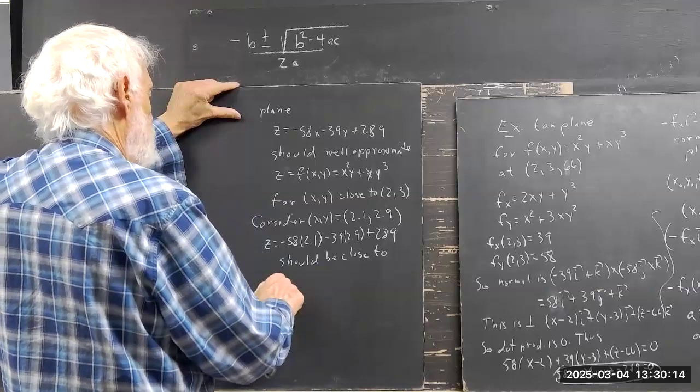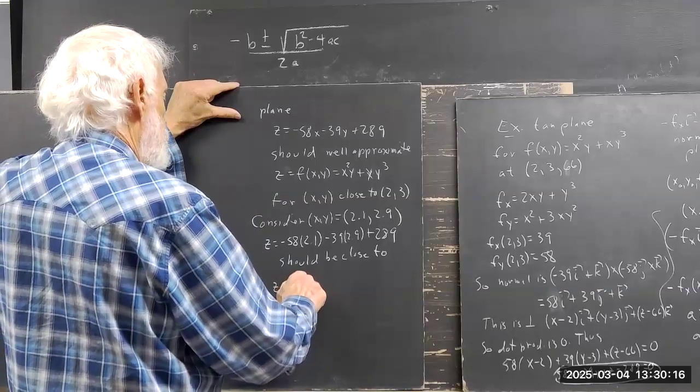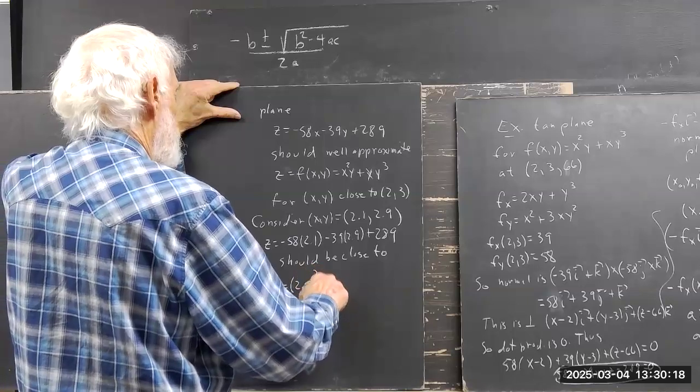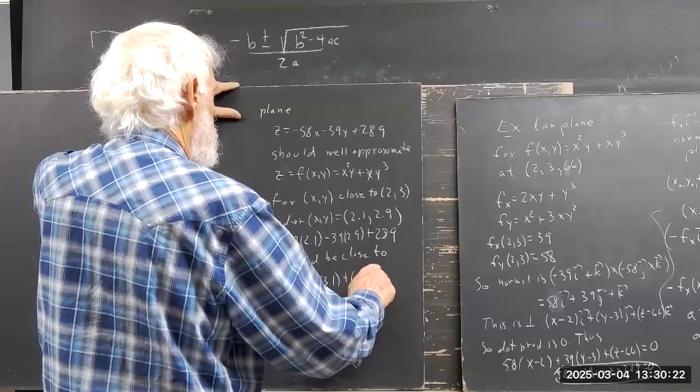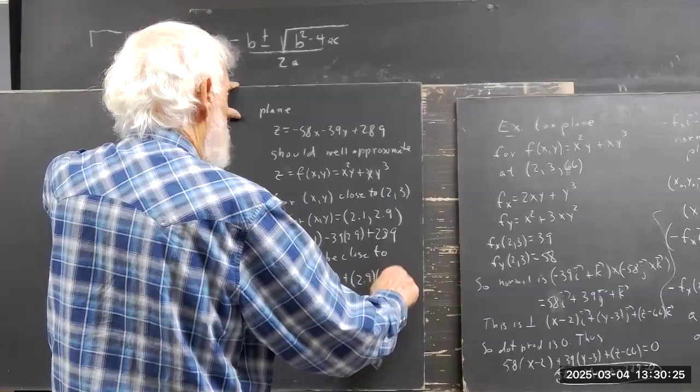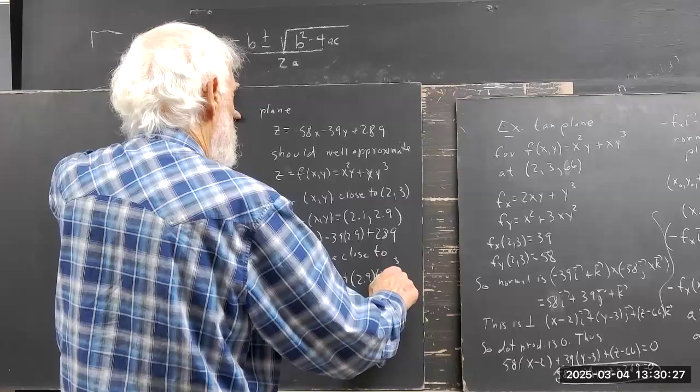Should be close to z equals 2.9 squared times 3.1 plus 2.9 times 3.1 cubed.